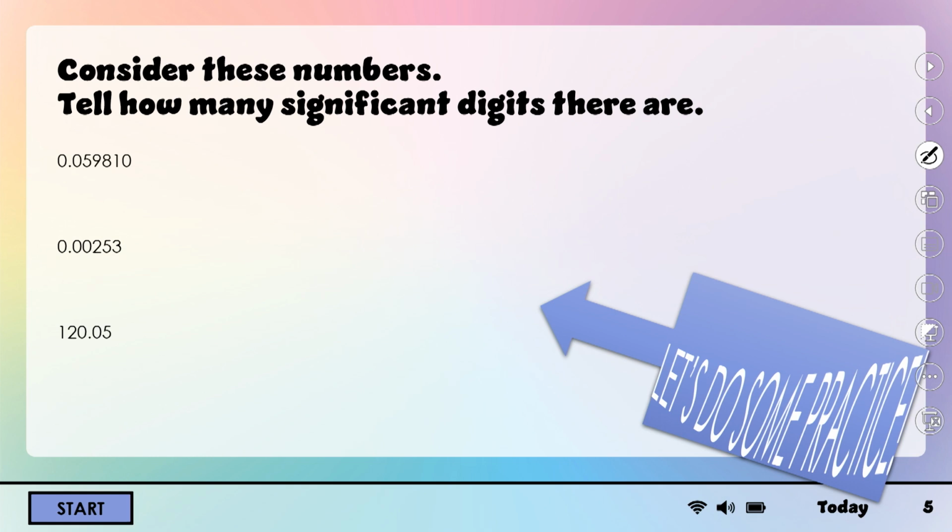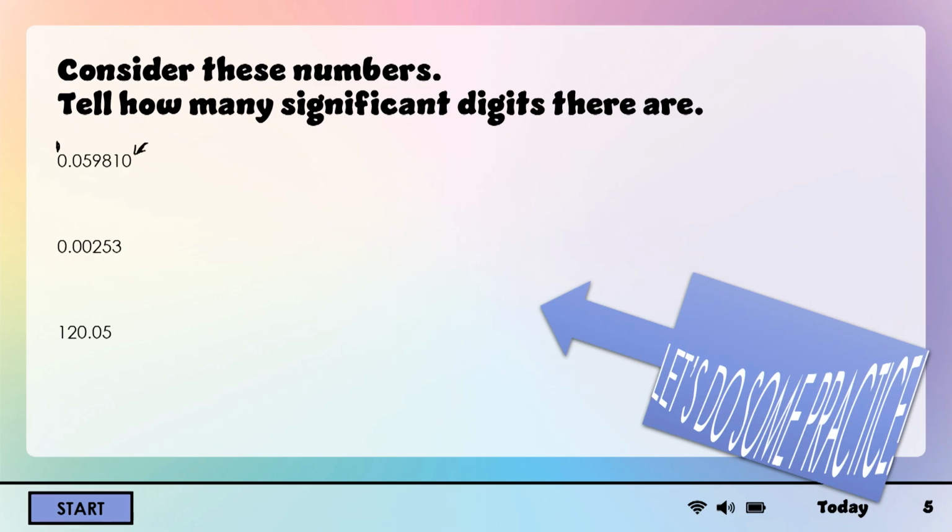When I look at this number, 0.059810, I'm going to ask myself, what is the number of significant digits? We saw that our leading zero right here is not a significant digit. Our trailing zero is a significant digit.